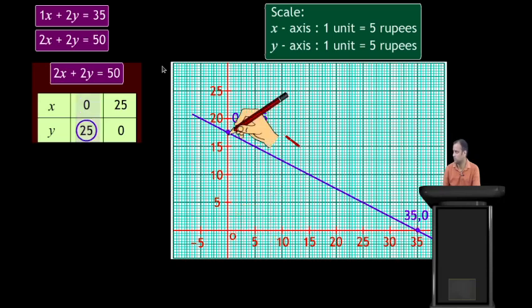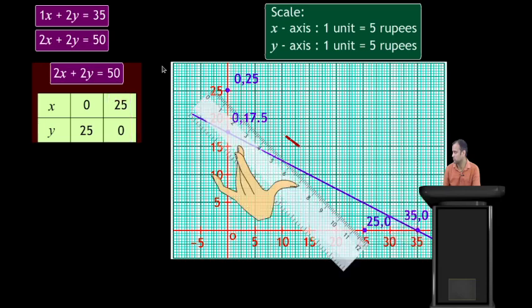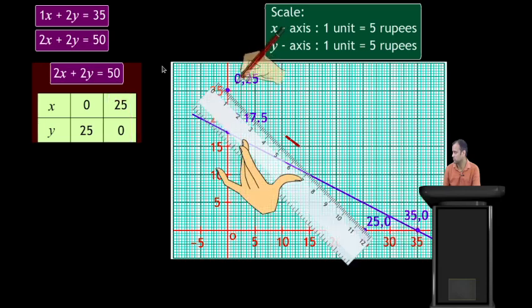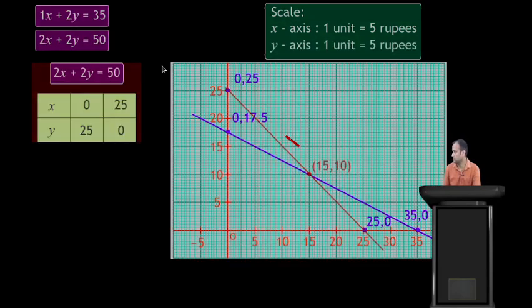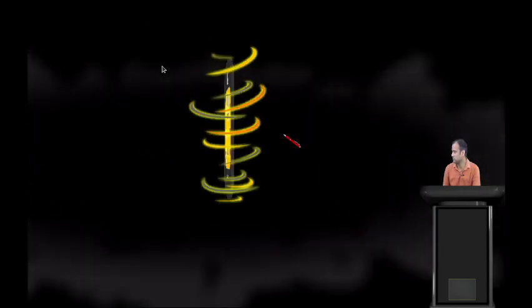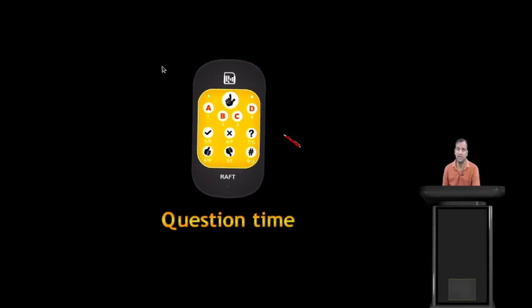Again 2 points, 0, 25, and then we have 25, 0. This is again points. Now both lines intersect at this point, and we can find this point as 15, 10. So again this is a solution. So this is called an easy way.